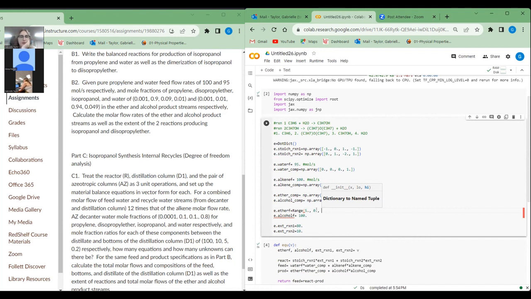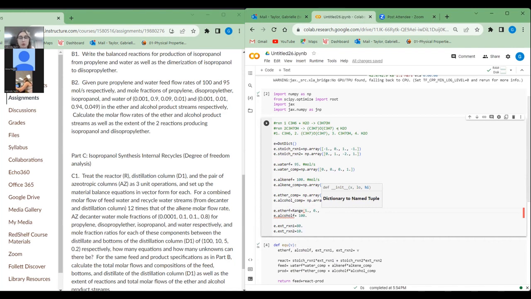So if we think about the ether, it's going to be reaction 2. In the ether reaction, it takes 2 isopropanols to make 1 ether, right? It also takes 1 propylene to make 1 isopropanol, right? That means we're going to divide the ether flow by 2, since it's going to take 2 moles of this alkene flow, right?